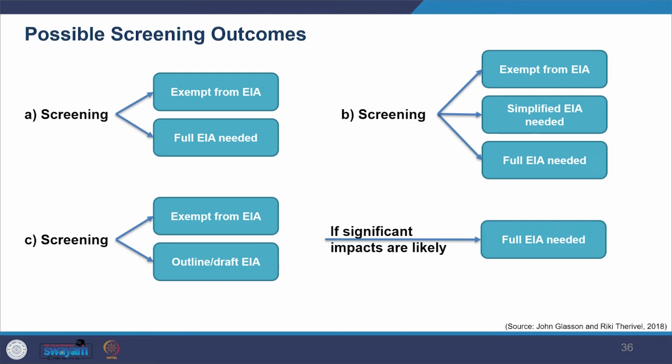These may relate, for example, to project scale, like a certain square meter area, the anticipated impact in whatever quantities, and where the project is located. So based on the scale of the project, the nature of the impact, and the location, certain threshold values are given.